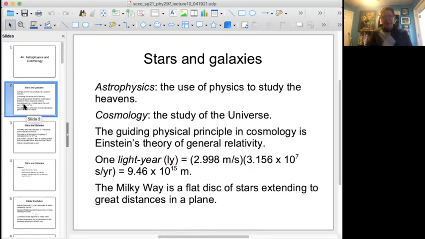Cosmology is the study of the universe, basically everything inside it. When we look into space, what do we see? That's what cosmology is about, and astrophysics is about the application of physics to this study. The guiding physical principle in cosmology is Einstein's theory of general relativity.